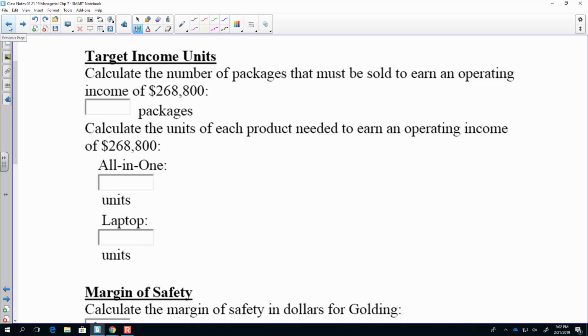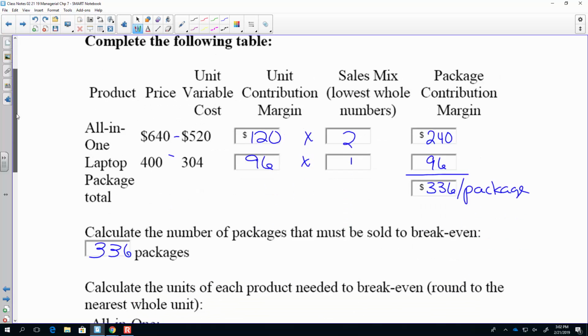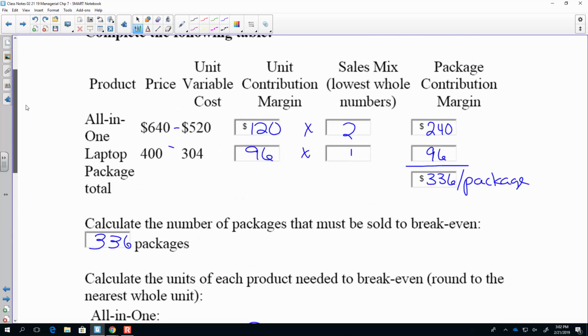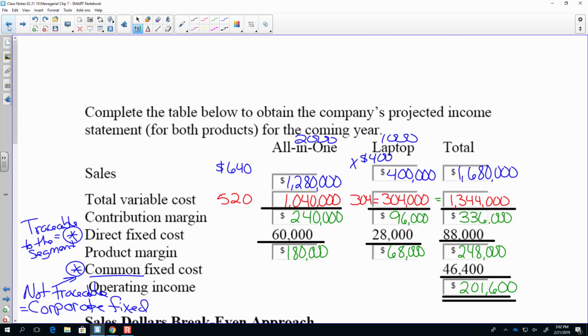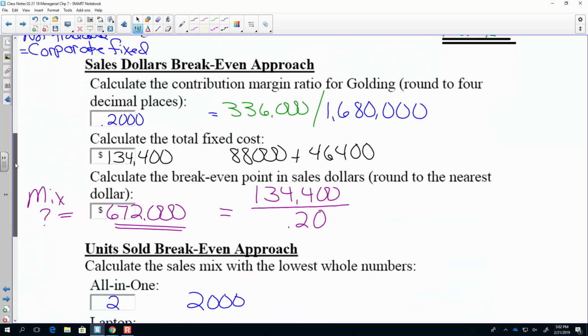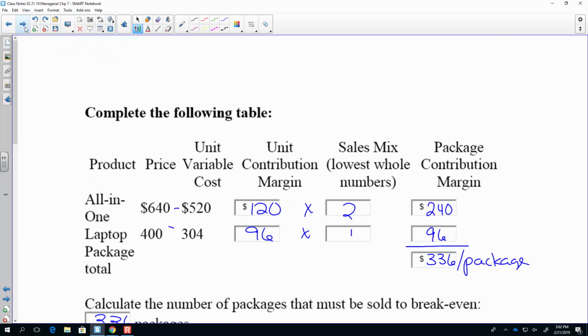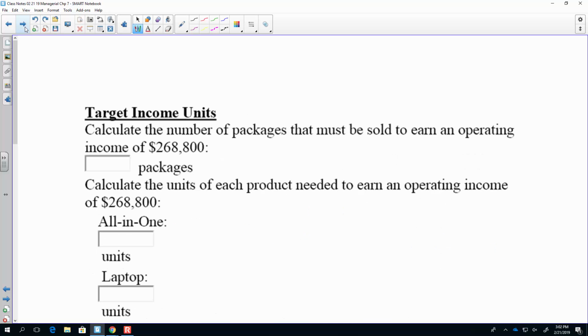So our fixed cost was $134,400. Plus our target income is treated as a fixed cost.